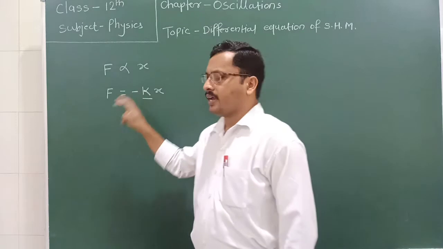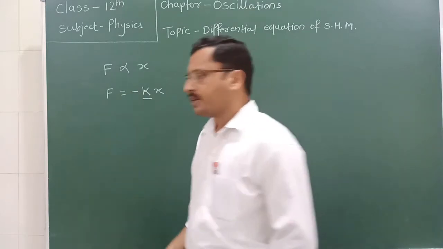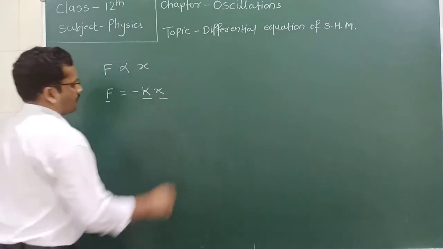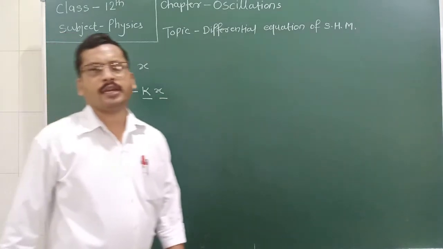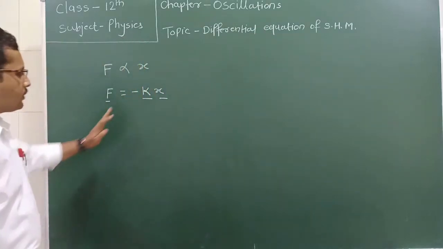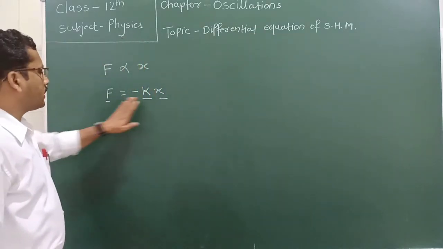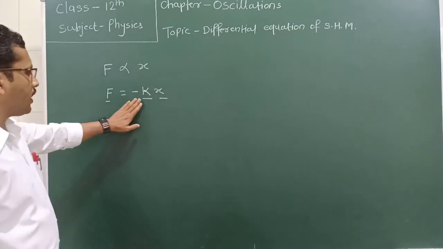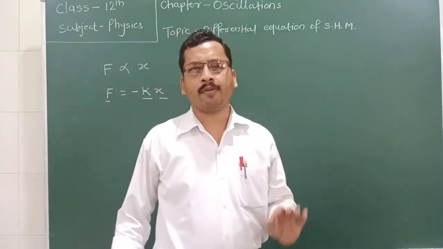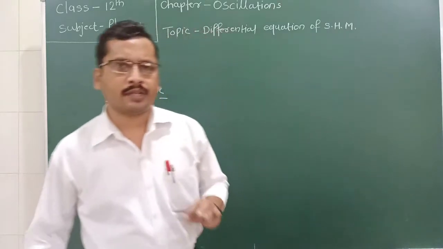This minus sign indicates that this force and this displacement are oppositely directed. So we have one relation between force and displacement, that is F is equal to minus k multiplied by x, obtained using a mass and block oscillator in the last lecture.